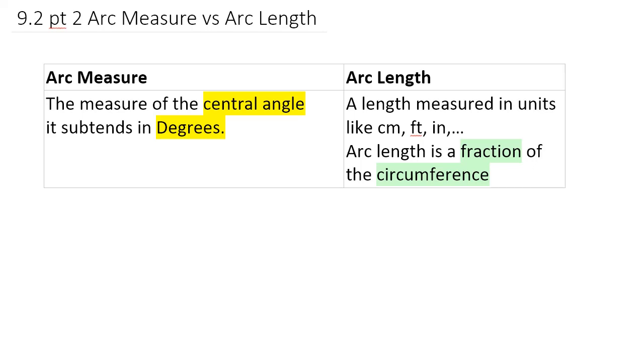Today we will go over arc measure and arc length. We talked about arc measure before. So we said that the measure of the central angle it subtends in degrees would be the measure of the arc.